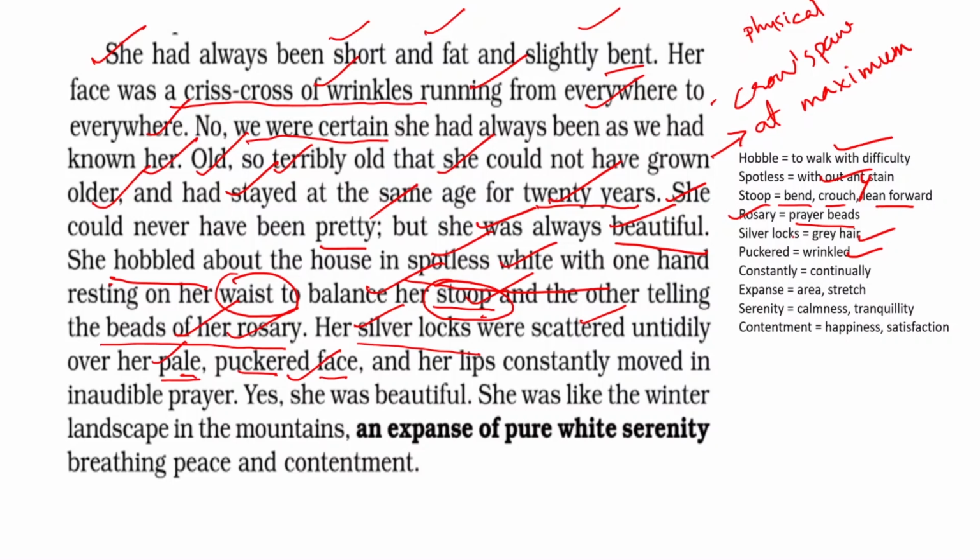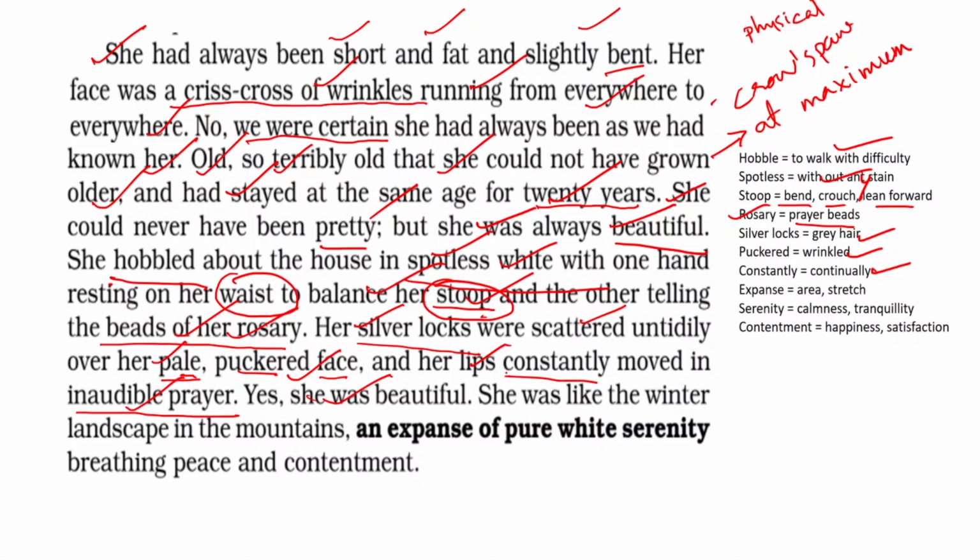Her white hair fell across her face, and her lips constantly moved, continuously, in inaudible prayer. That was not much audible, but she always used it to pray. She was a religious woman. She followed strictly the religious life of a Sikh.